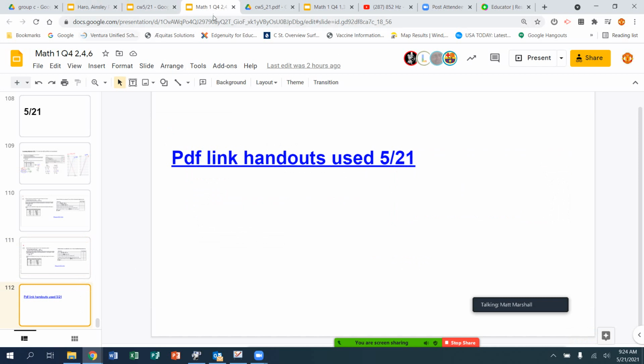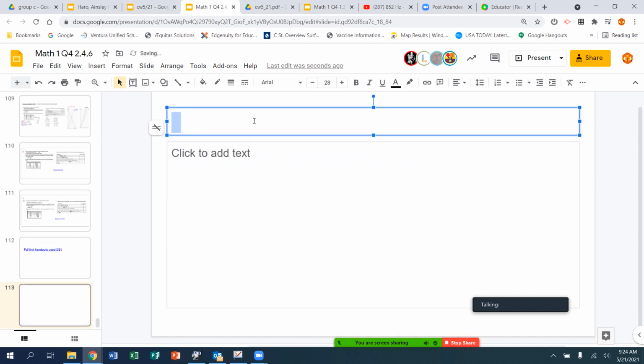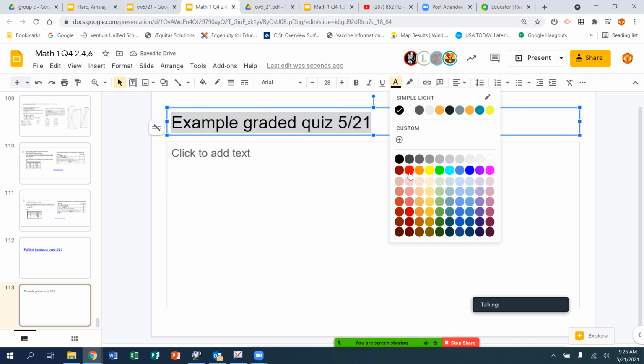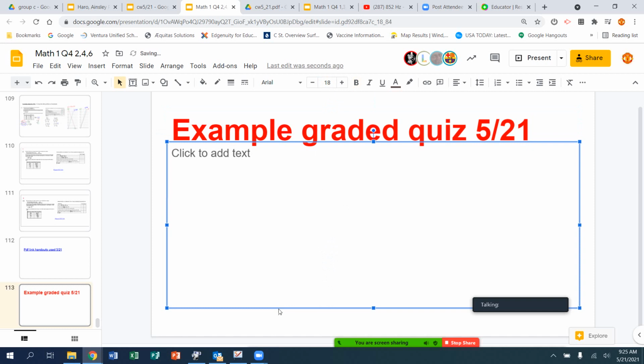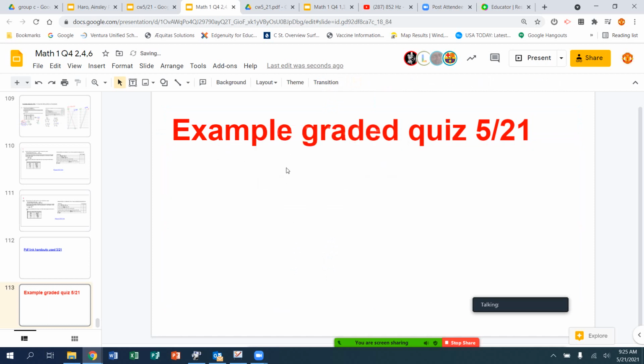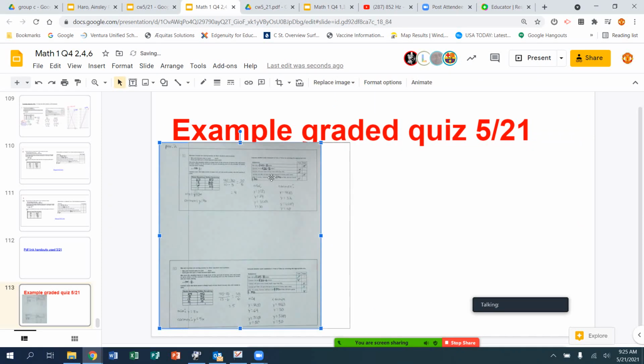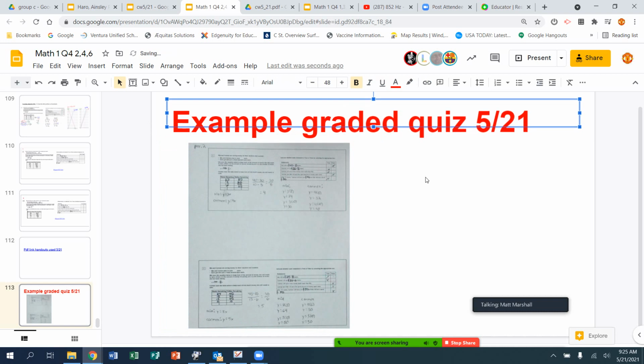I am recording this so you'll be able to look back at it later. And then if you can't see what's on that, just use the little zoom feature on Google Slide. You'll be able to see that easier.